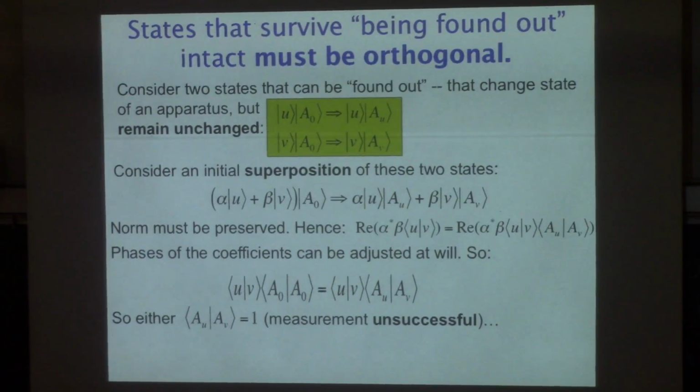If we have that, because the transition was unitary, the scalar products of what's on the left-hand side of the two processes and of what's on the right-hand side of the arrows have to be equal.